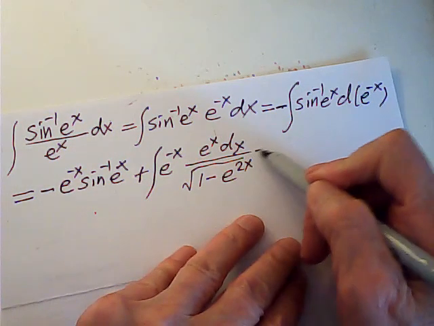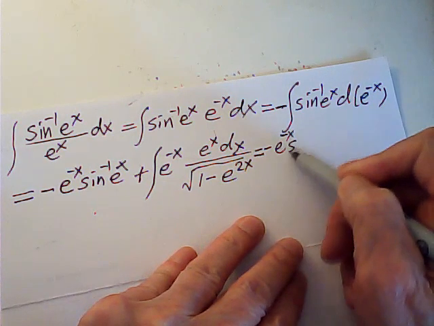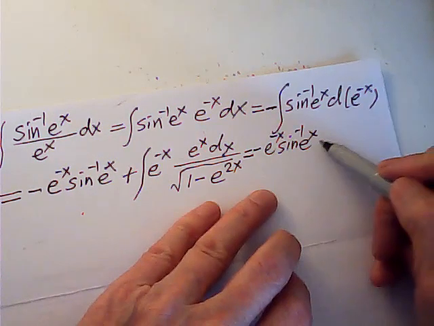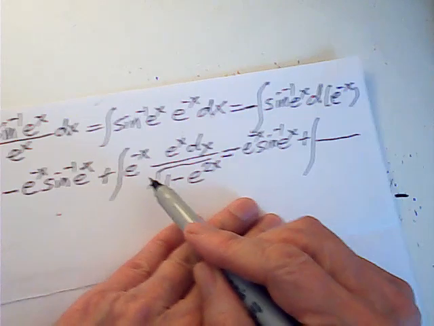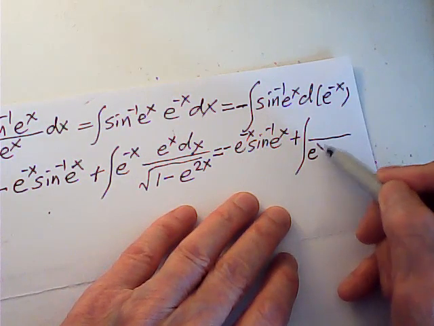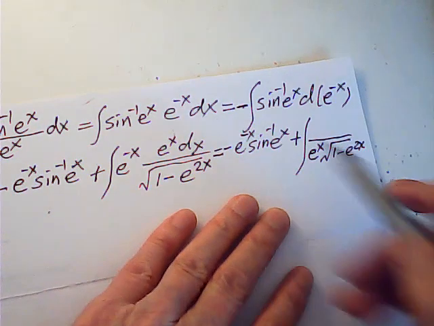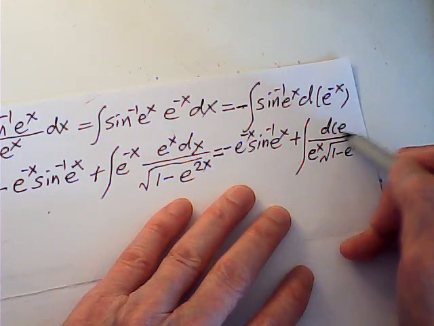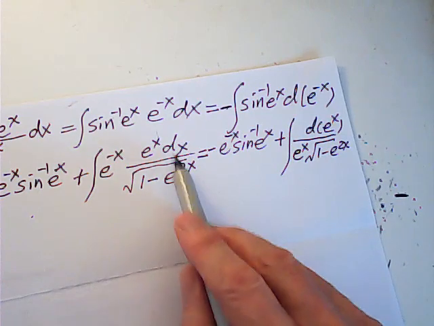And then this one is equal to negative e to the negative x sine inverse e to the x, plus integral, this I put into the denominator. This is the square root of 1 minus e to the 2x, and here I'm going to write the derivative of e to the x, right? d e to the x is equal to e to the x dx.